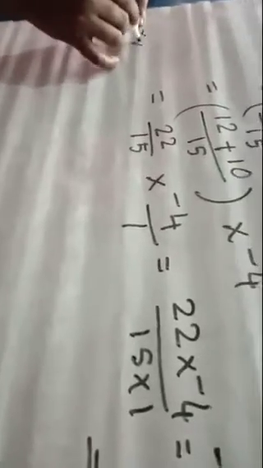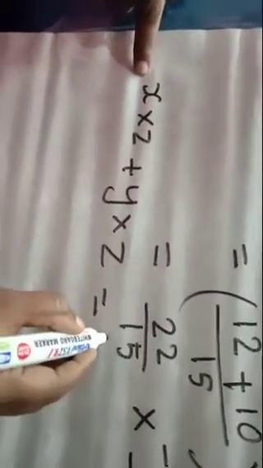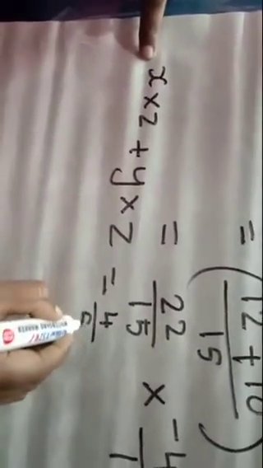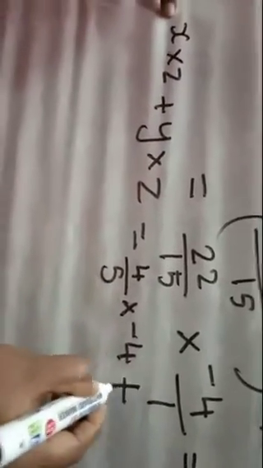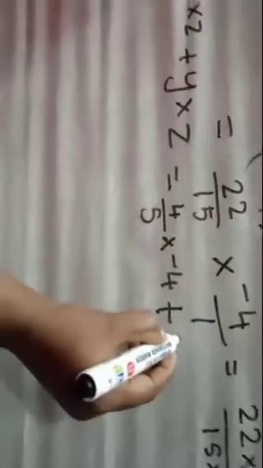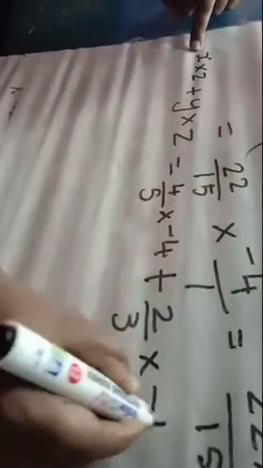x × z + y × z equals, what is x? x is 4/5 into minus 4, plus y, which is negative of negative 2/3, that is positive 2/3, into negative 4.